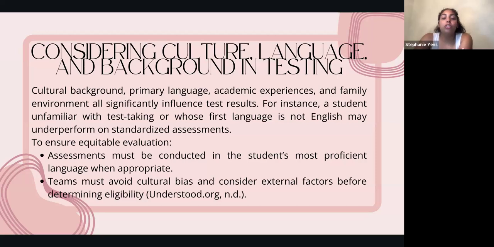To ensure an equitable evaluation, assessments must be conducted in the student's most proficient language when appropriate. So if a student's coming from a new country where their first language is not English, they shouldn't be tested. A lot of the time students don't get tested in New York City their first year. The second year, their math test will be in their preferred language, and the English test is going to be in English. Teams must avoid cultural bias and consider external factors before determining eligibility.